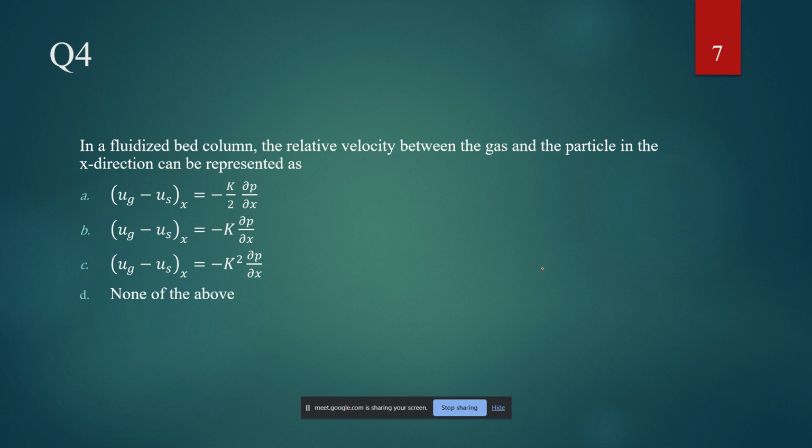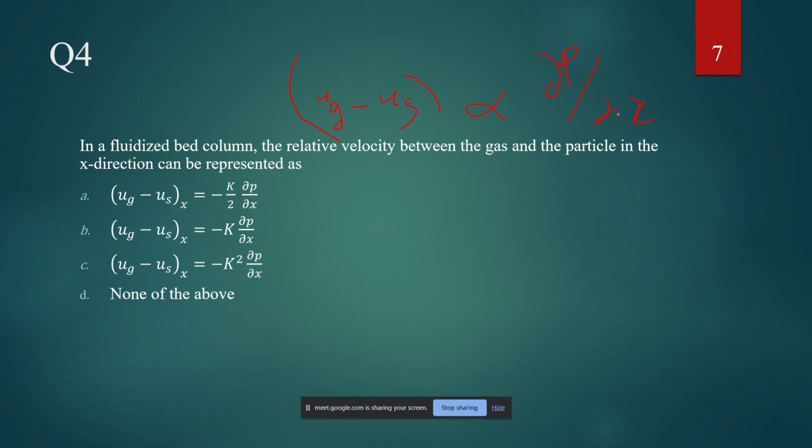So we all know that it is proportional to the pressure gradient. The relative velocity is gas velocity minus solid velocity. Ug is nothing but gas velocity and us is nothing but solid velocity in this. So it is proportional to the pressure gradient. This is the assumption we saw in the Davidson model 1961.